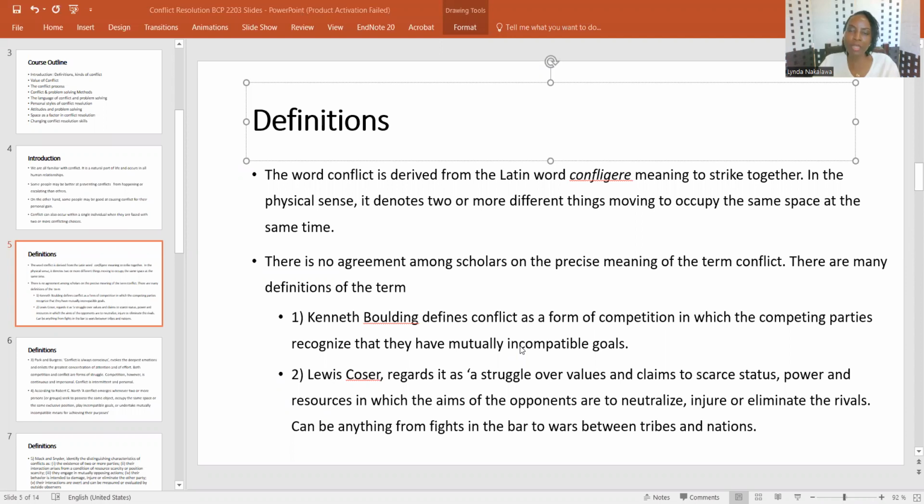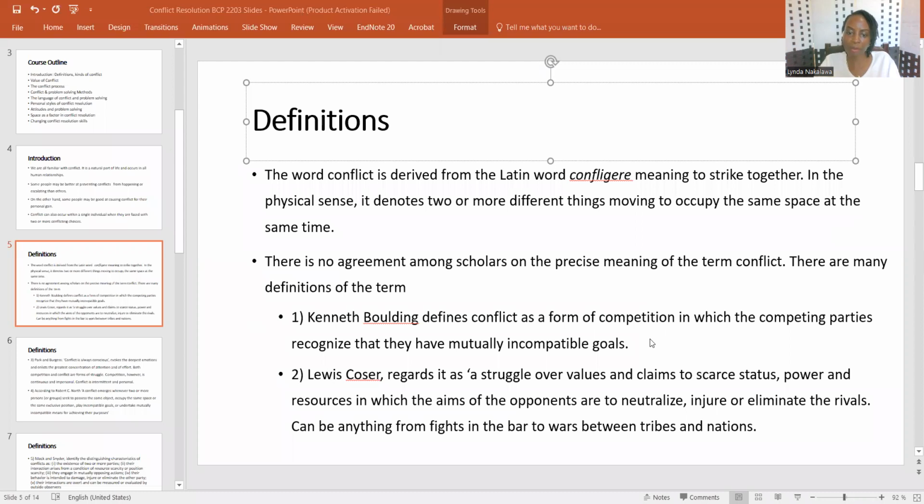By mutually incompatible, we mean that both of us know that if my aim is achieved, then yours will not be achieved. If your aim is achieved, then mine will not be achieved. So we end up fighting so that it is our different aims that are achieved. But as we shall see, there might be problems with this definition.